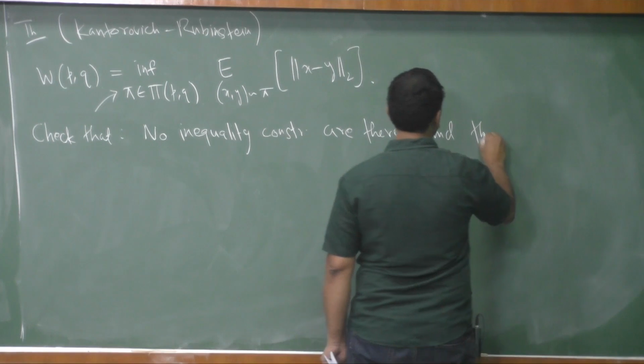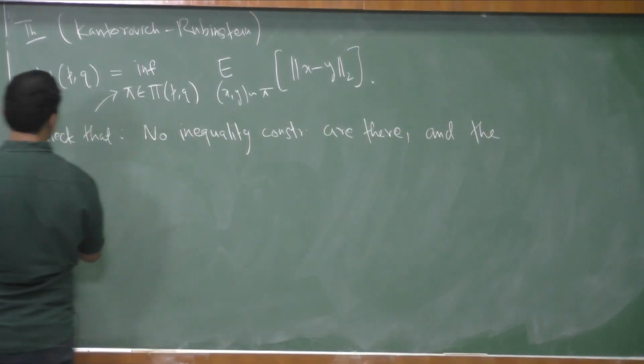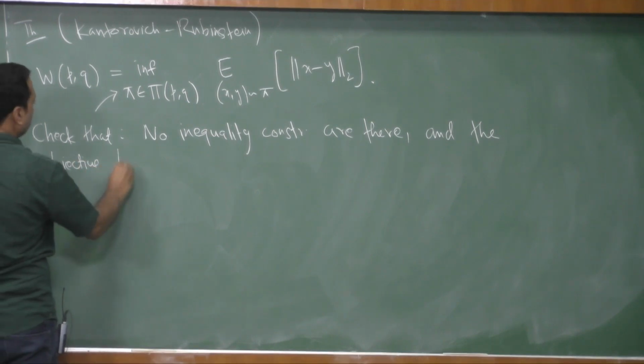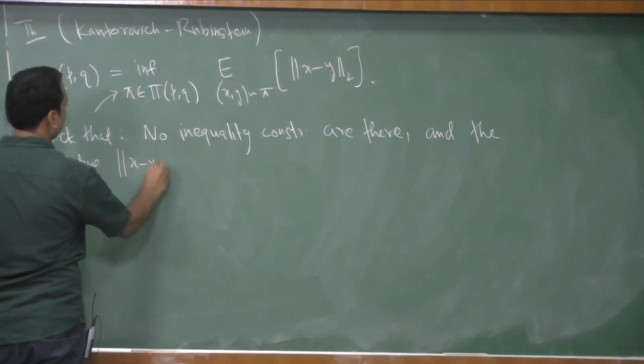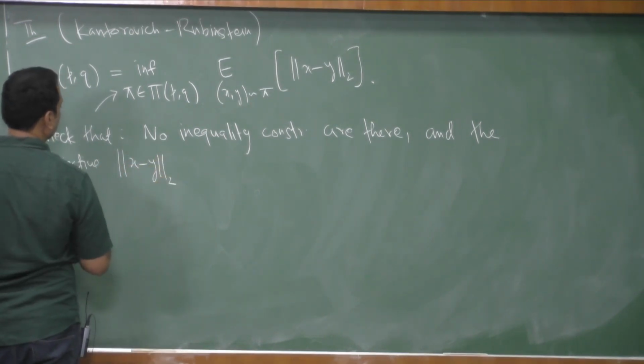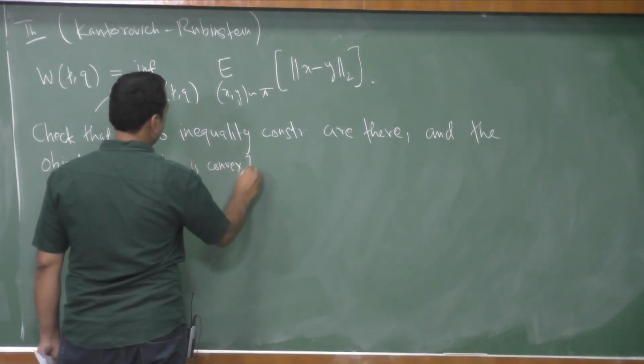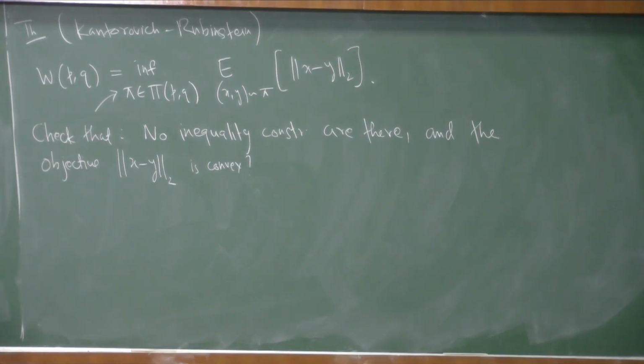the objective here is norm of x minus y. So it is convex, there is a question mark here, we may have to actually prove that. There is no square here, that is for sure, and there is x minus y here.